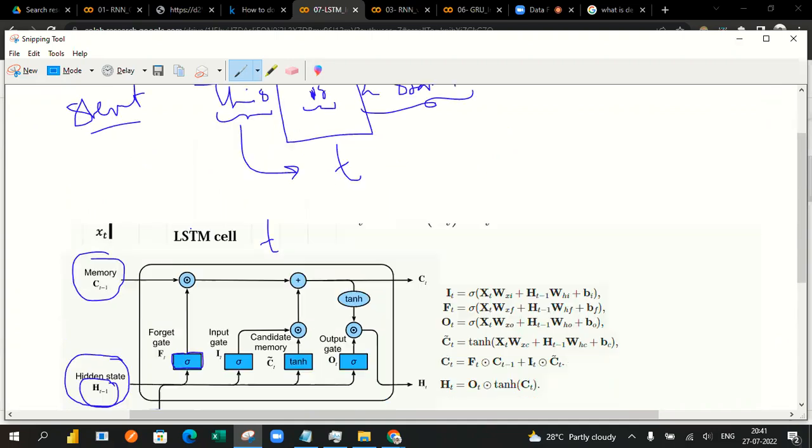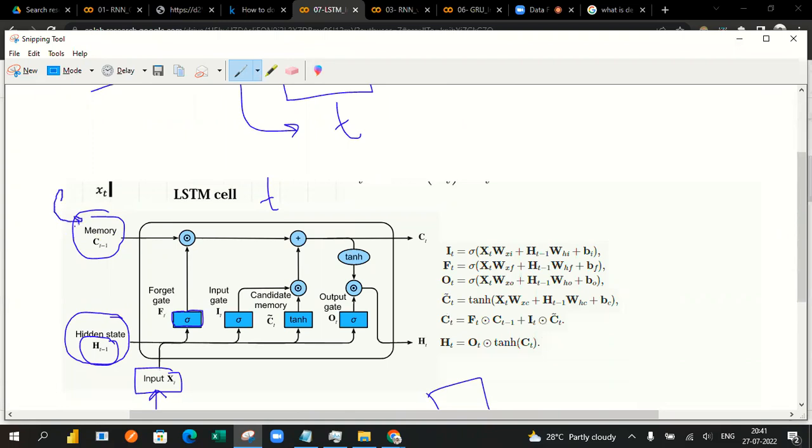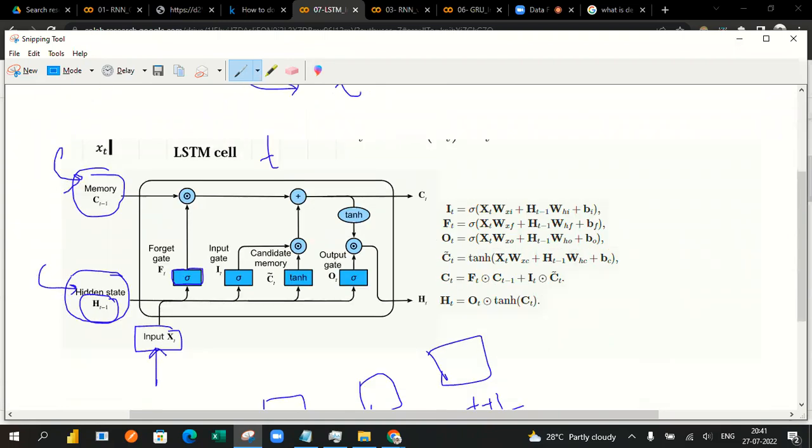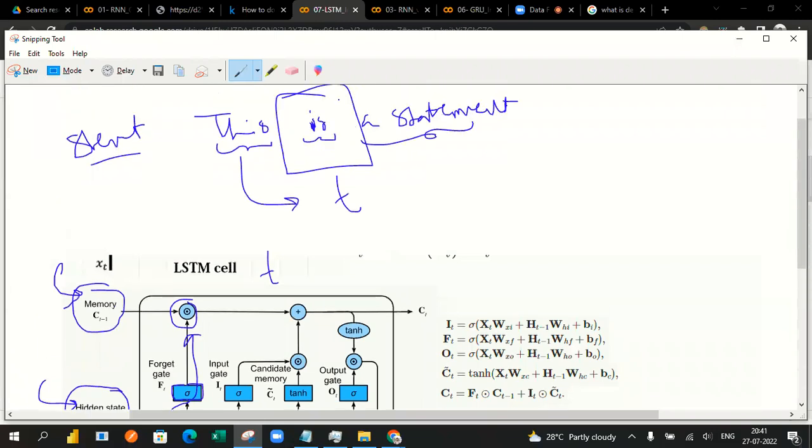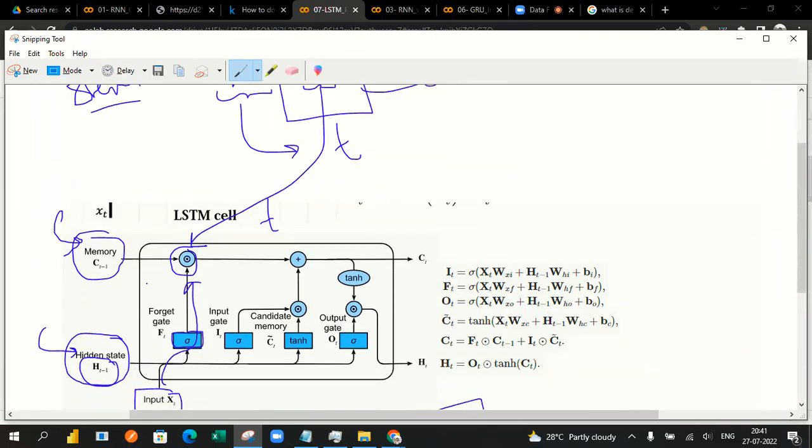I get this information from this memory along with the hidden states, and it is concatenated together with your input.